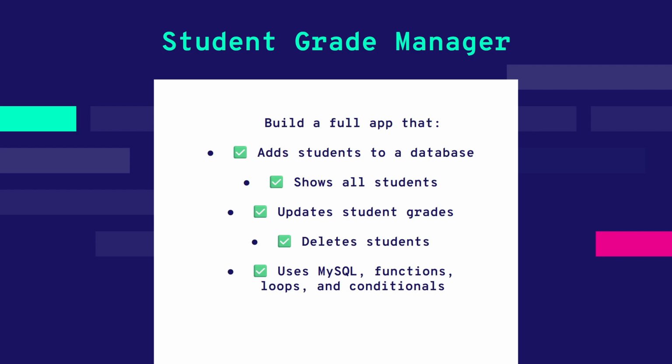Pause the video, work on it for a good bit, and if you really want to go above and beyond, in my opinion, you should learn Flask. It's basically a tool that helps you connect front end to back end.